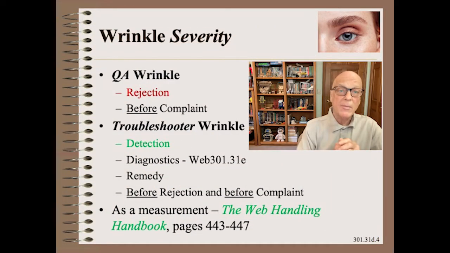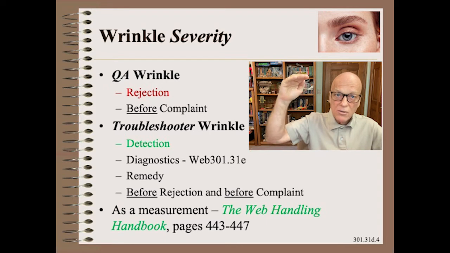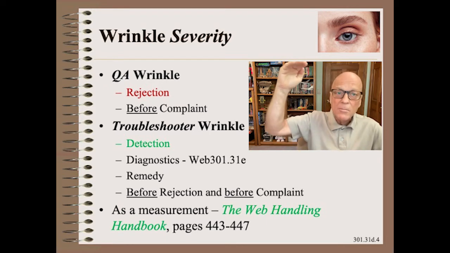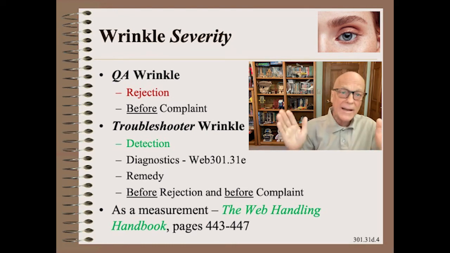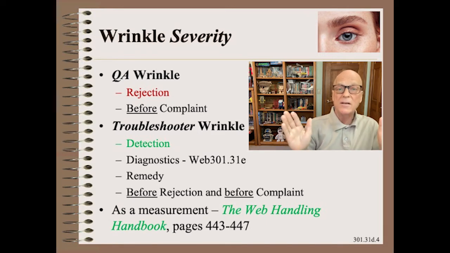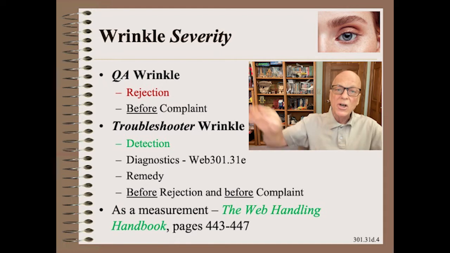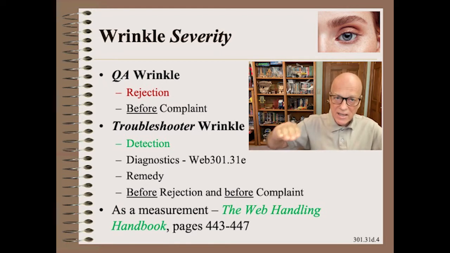As I've just demonstrated, we have two thresholds for wrinkle severity. The QA wrinkle threshold is noticeably larger and much less useful for troubleshooting, first because it is, by that time, already too late. And it also is much rarer. The troubleshooter should aspire to see the wrinkle well before it gets severe enough for rejection.